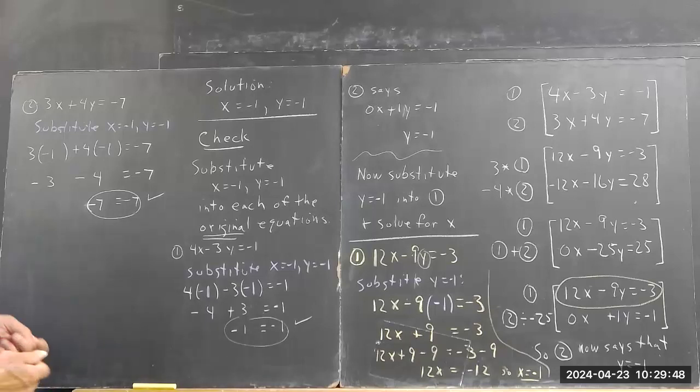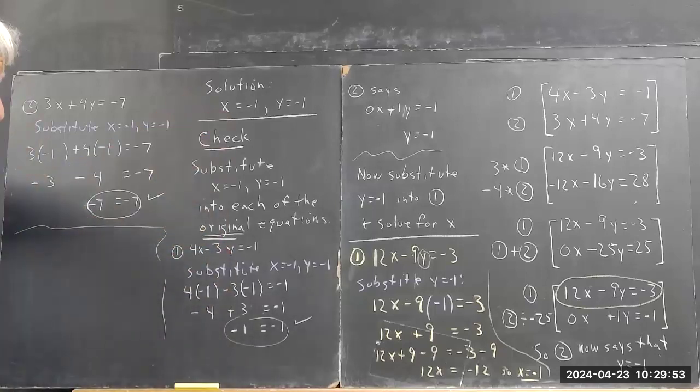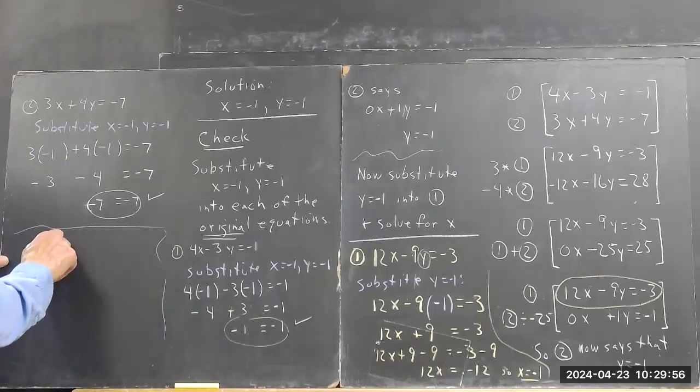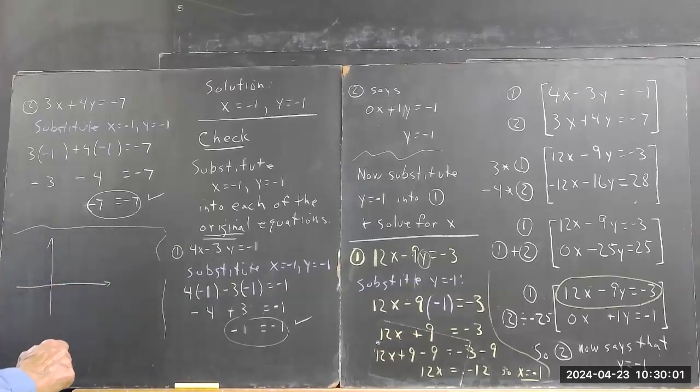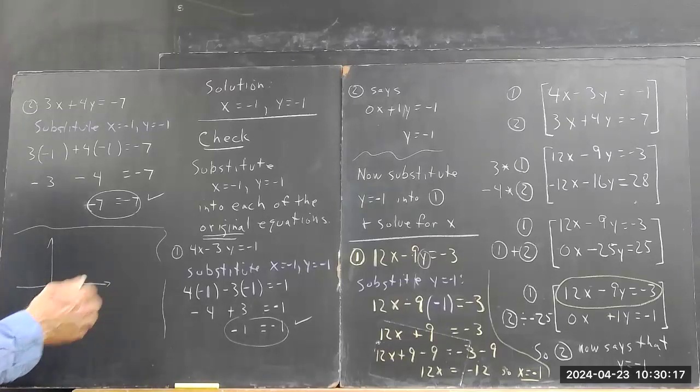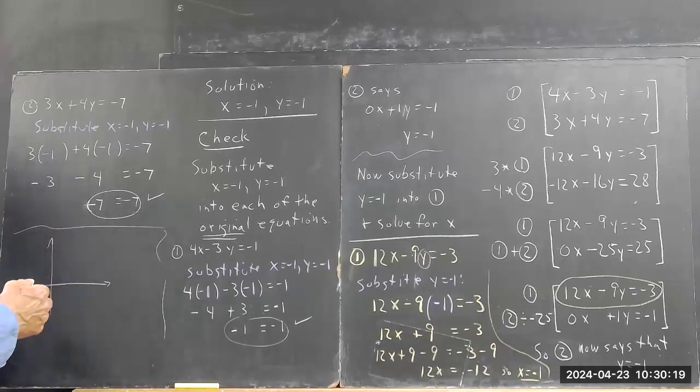All right. Now we also can relate this back to what happens if we graph these two functions. Okay, so just quickly. Since I use small numbers, the x-intercept is going to be -1/4.